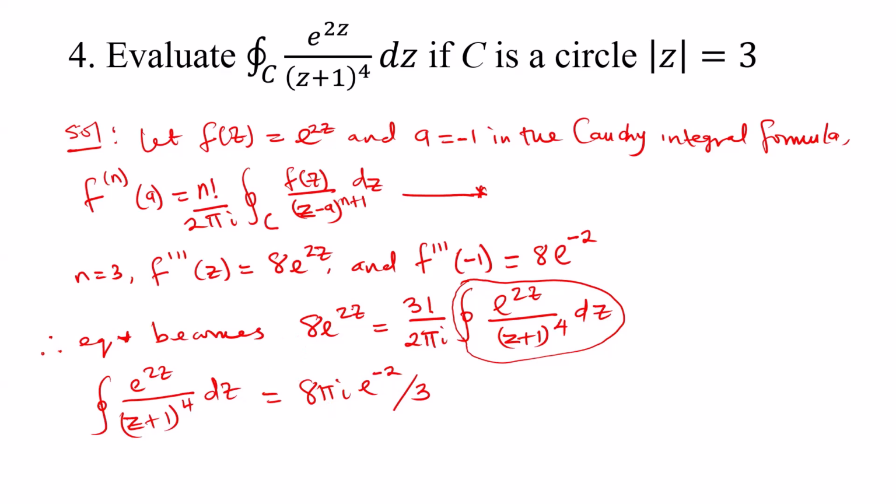Please pardon me, this will be exponential minus 2, and this is not there. And that gives us the final expression.